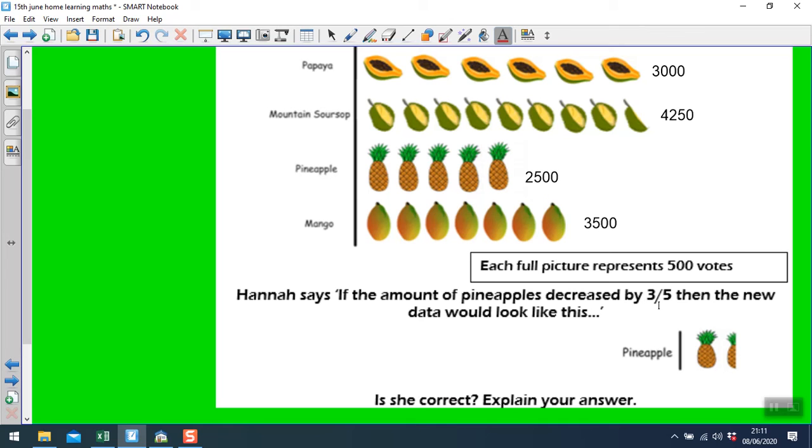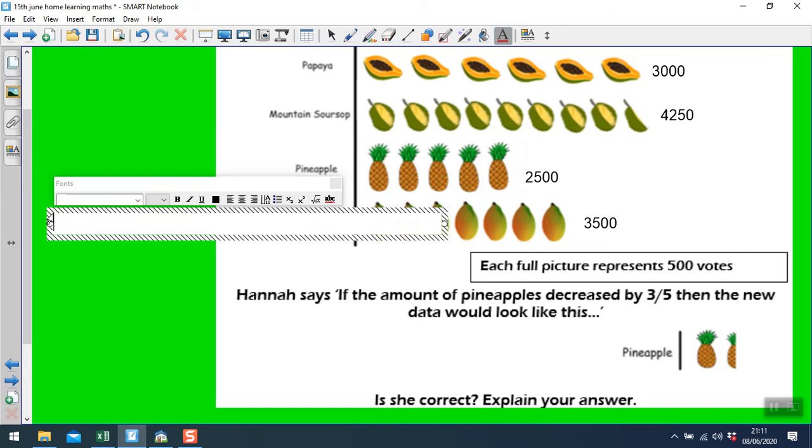We're not just finding 3/5 of the pineapples number, it's decreasing by 3/5, which means we need to take away 3/5 of this number. So, all the pineapples equals 5/5. 5/5, the total number of pineapples, equals 2,500.